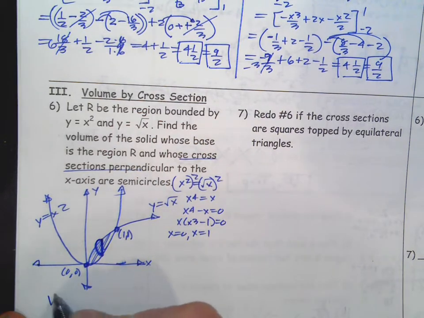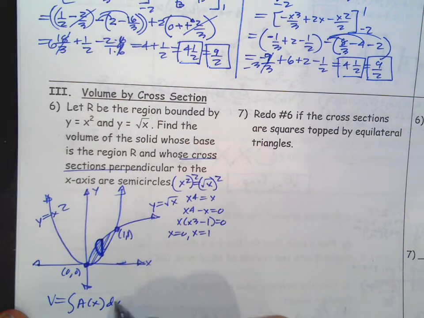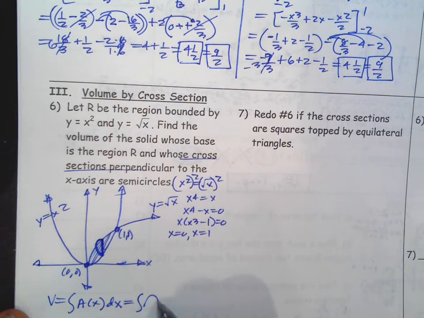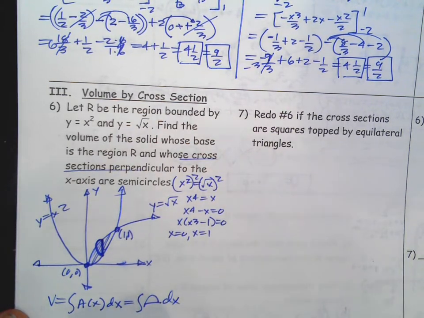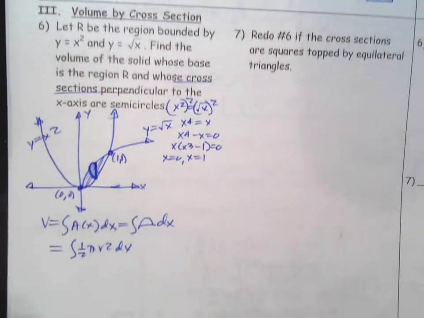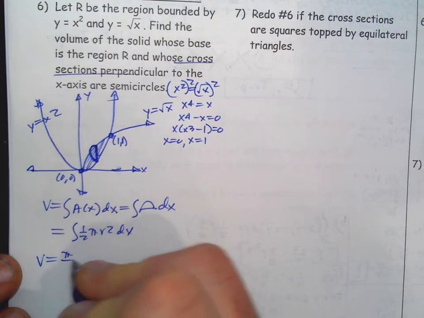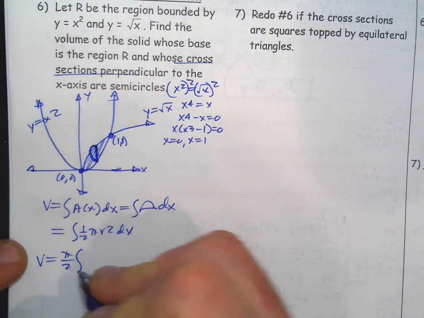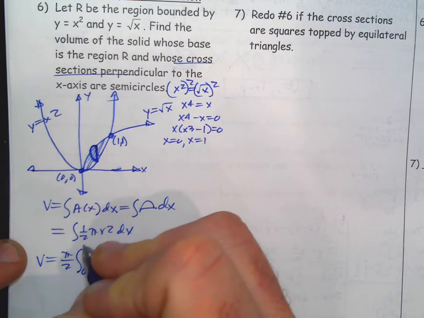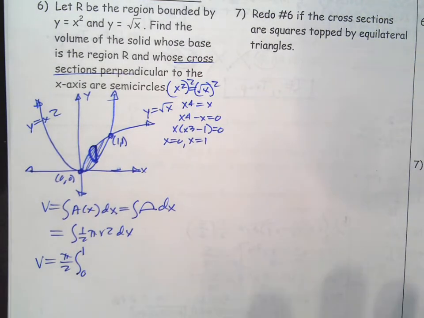So the volume by cross section is going to have some common area slices in terms of x, and this time they are half circles, and that is 1/2 pi r squared dx. So our volume is going to be pi over 2, and the limits are in the x direction, 0 to 1. We cannot do this with horizontal slices.